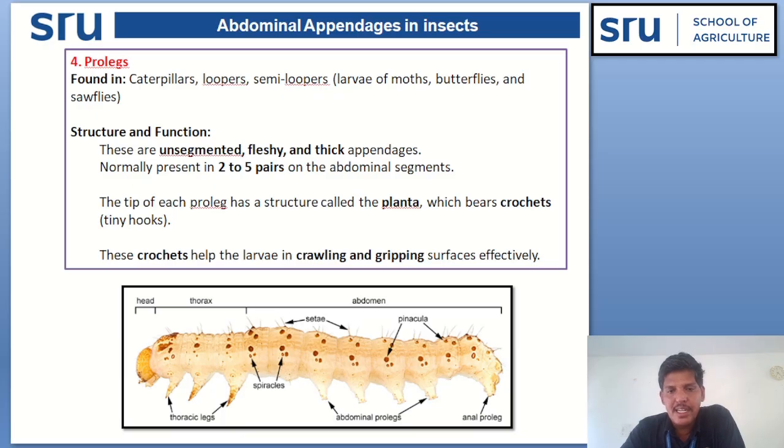They are generally unsegmented, fleshy and thick appendages, normally present as 3 to 5 pairs on the abdominal segments. The tip of the proleg is known as the planta, and this planta bears crotchets, that is, tiny hooks. These crotchets help the larvae in crawling and gripping the surface effectively.